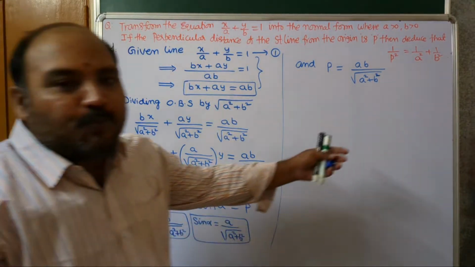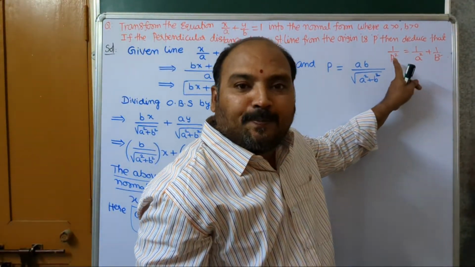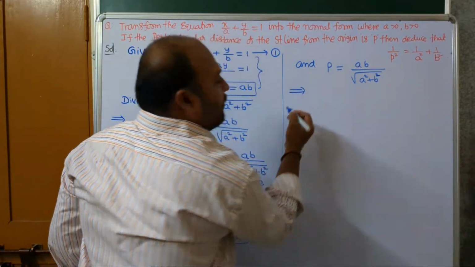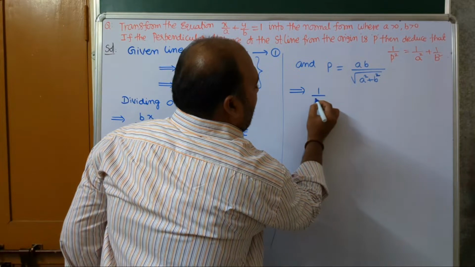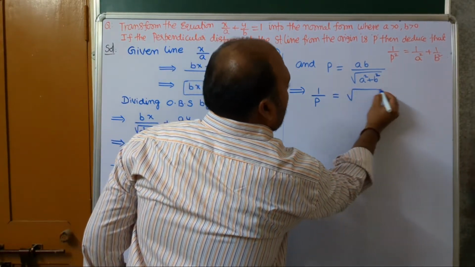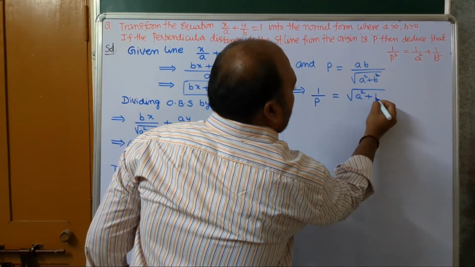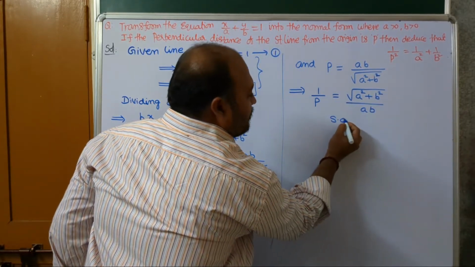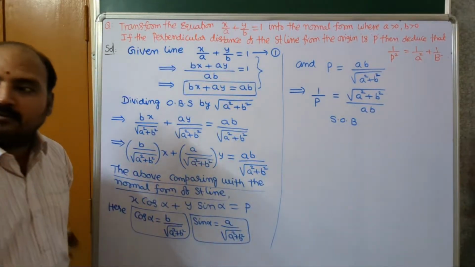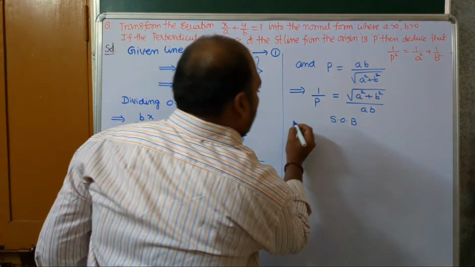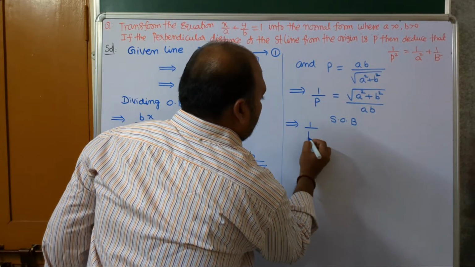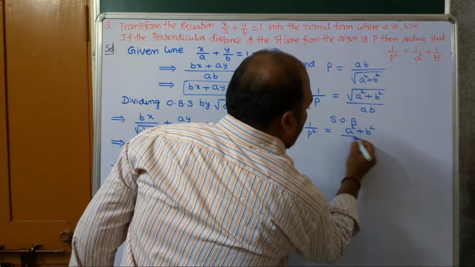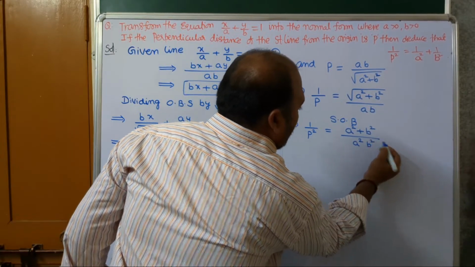They are asking to prove the relation in between P and a, b. So what I am going to do is write the reciprocal of P. So 1 by P is equal to root over a square plus b square divided by ab. Squaring on both sides, 1 by P square is equal to a square plus b square divided by a square b square.